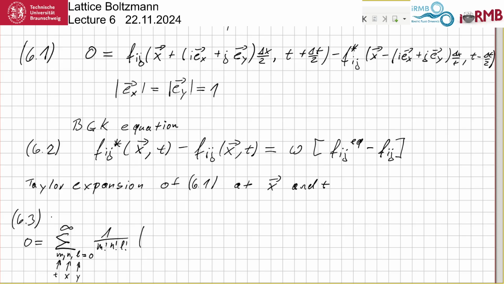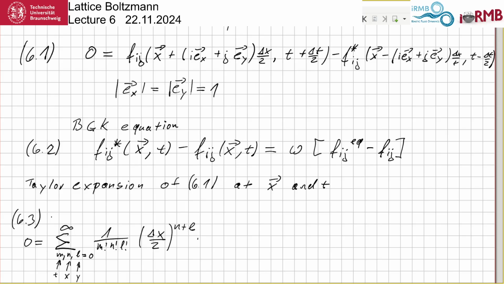So the distance we are moving will always be delta x half. We do this in direction n and in direction l, so it will be to the power of n plus l. Okay, is this clear? Yes.